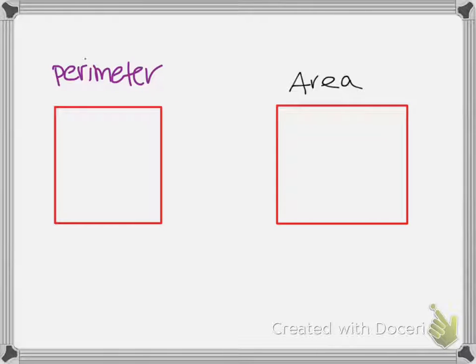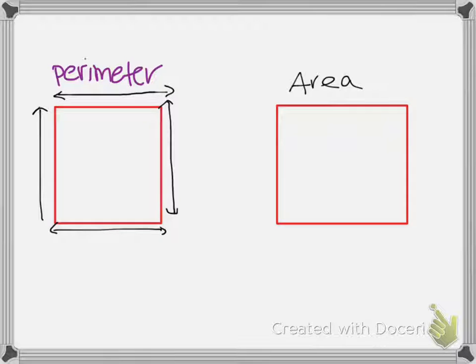Perimeter means that we are looking outside of the square. We are finding the perimeter. So if you ever played like a zombie game or anything like that, just know that you need to protect the perimeter. So I'm gonna try to draw a zombie.